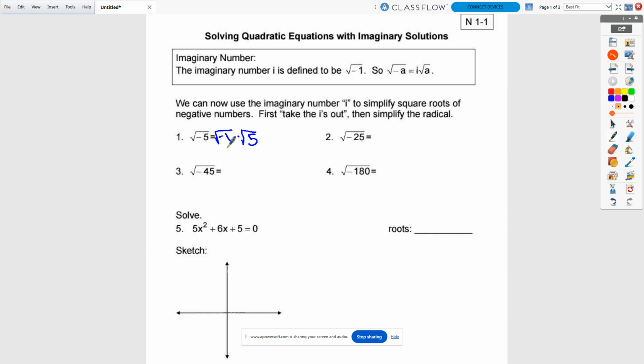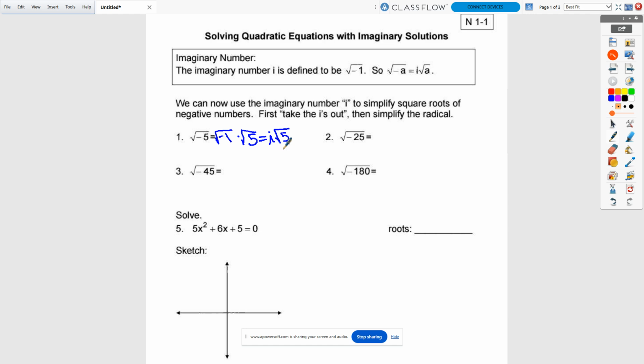And all that happens here is that the square root of -1 is just going to turn into that i, and the square root of 5, there's nothing that I can take out of that, nothing that pairs up there, so it would just be i square root of 5.